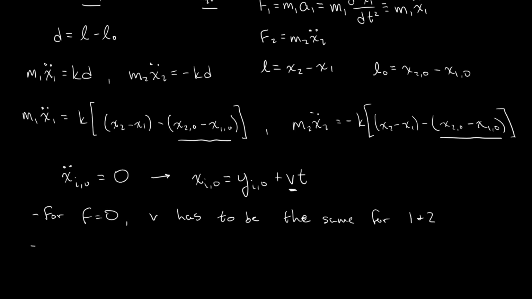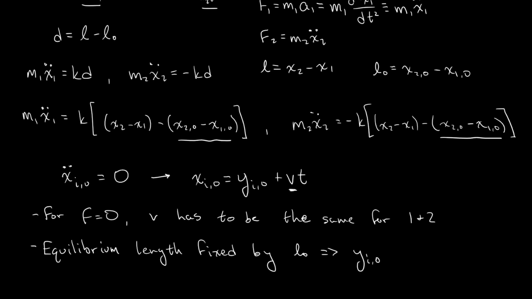We also know that the equilibrium length is fixed by L0. And so this just tells me that the offset of the second mass, which I'll call y20, is going to be the offset of the first mass plus L0.